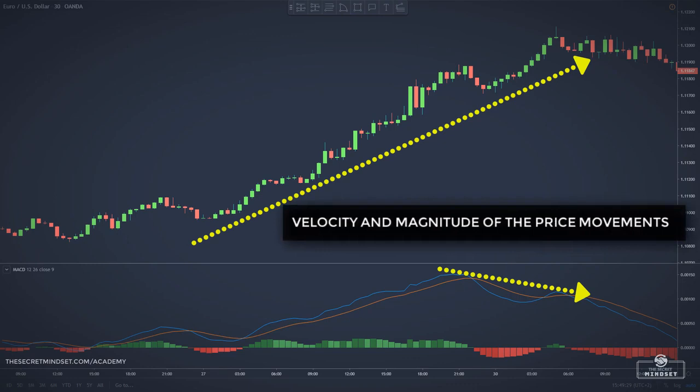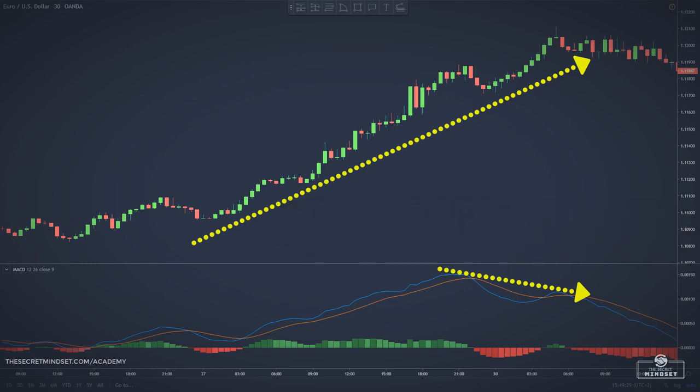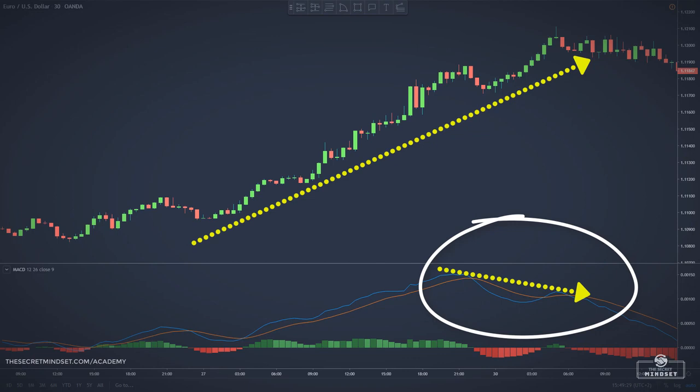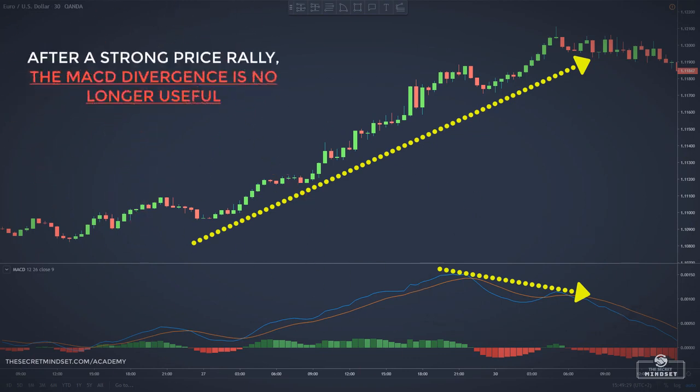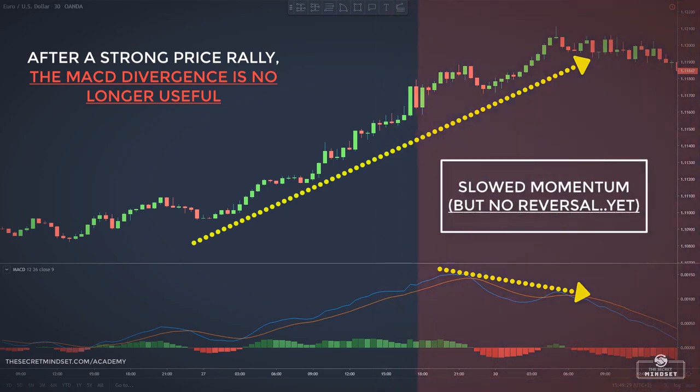Price momentum can't continue forever, so as soon as the price begins to level off, the MACD lines will diverge, for example, go up even if the price is still dropping. After a strong price rally, the MACD divergence is no longer useful. By dropping while the price continues to move higher or move sideways, the MACD is showing momentum has slowed down, but it doesn't indicate a reversal.